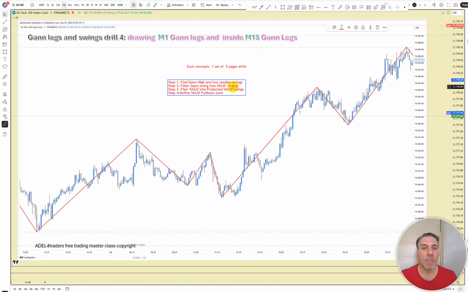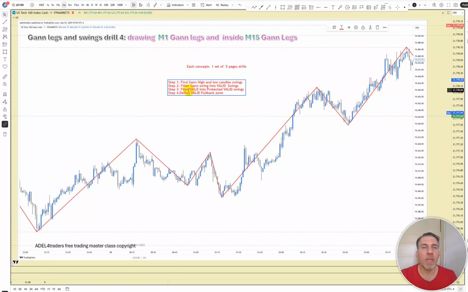When we have valid swings, we are applying the momentum and break of the previous candle, say by candle close. It means we're applying leg and candle momentum to GAN swings, and we're creating another concept we call a valid swing.